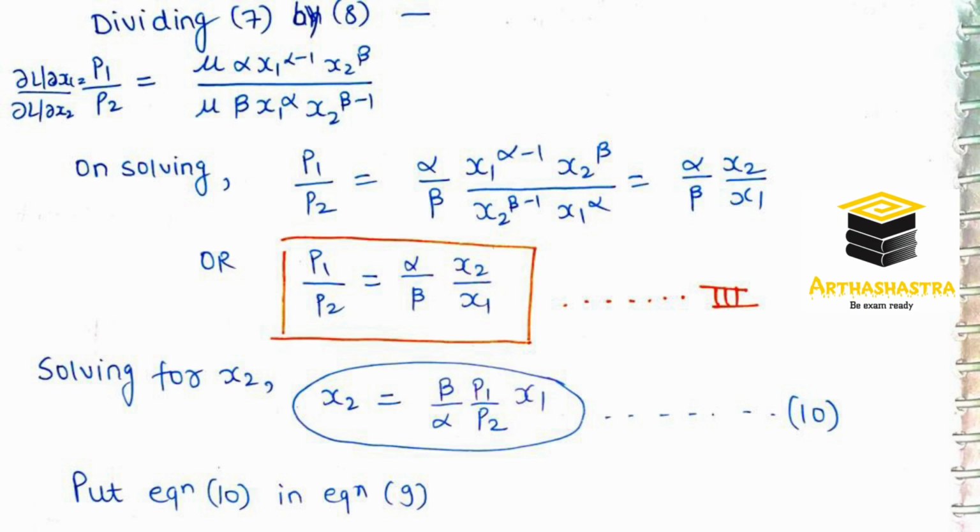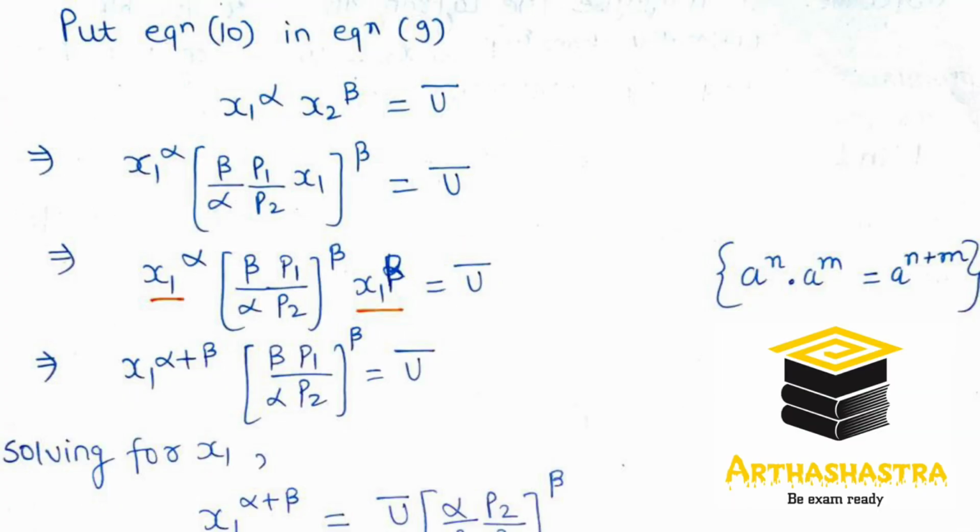So we have x1 raised to the power alpha times x2 raised to the power beta equals u bar, as in equation 9. Substituting for x2, we get x1 raised to the power alpha times beta p1 over alpha p2 into x1, whole raised to the power beta.